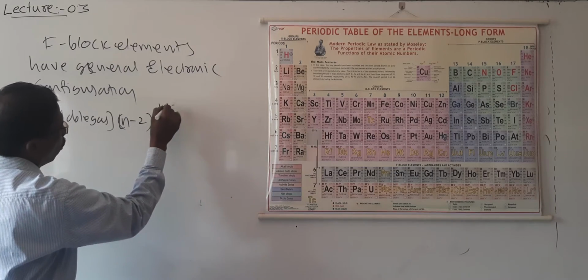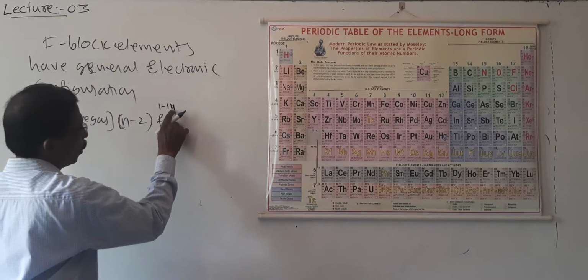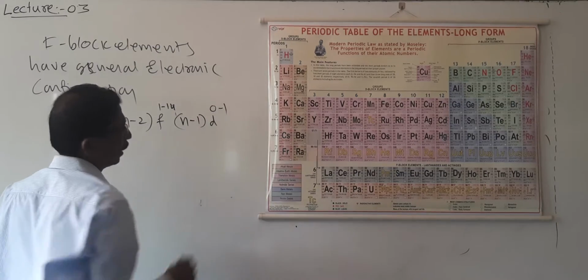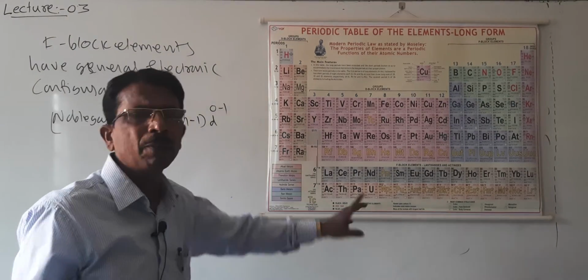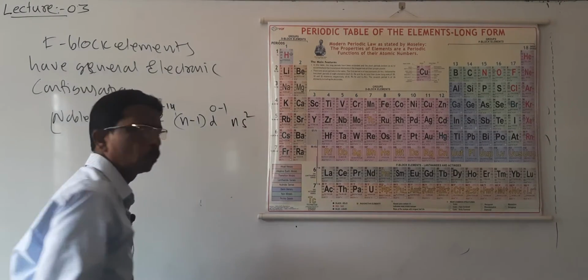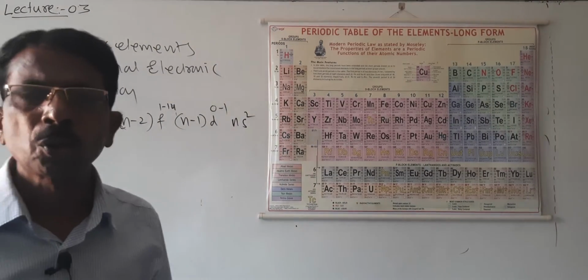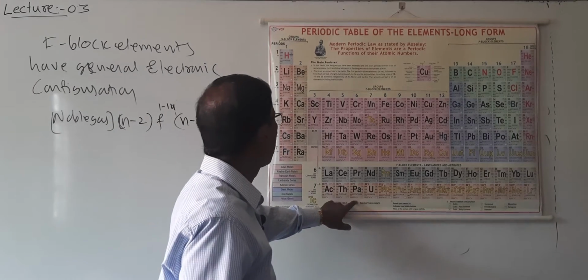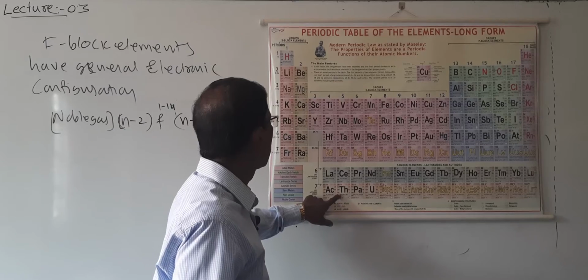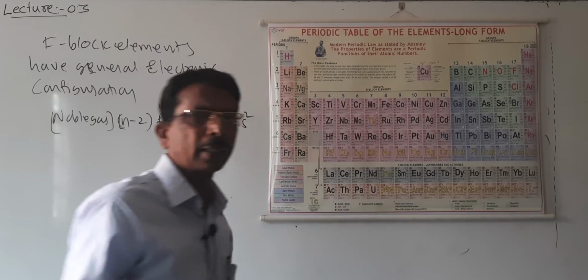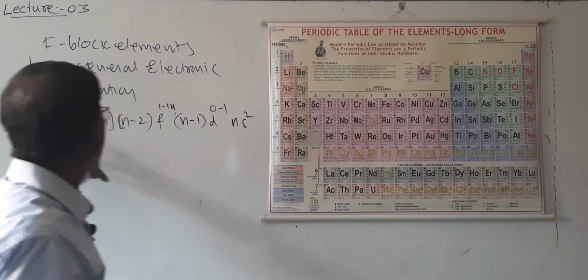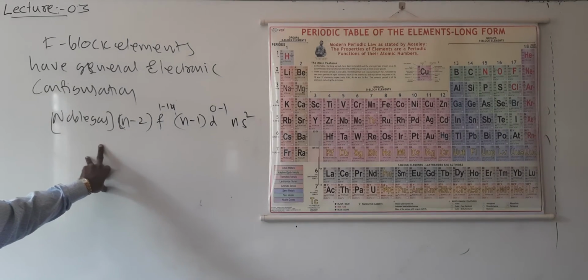Look here students, 1 to 14. Then (n minus 1) d 0 to 1. So the d orbital is rarely filled, 0 to 1, and ns2. In rare cases the d orbital is filled. So this is the general electronic configuration of the f orbital.